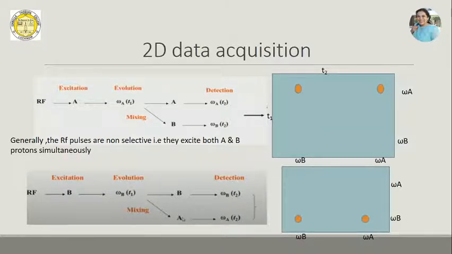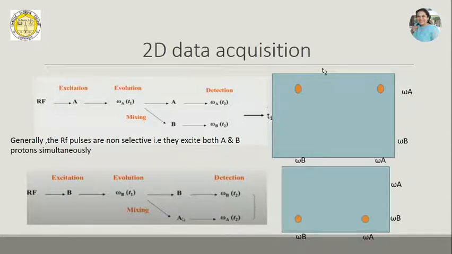Here, as we have all done, the first step is preparation. So the sample is first prepared, and then an RF pulse is applied. So let's consider nucleus 1, or nucleus A. After the RF pulse has been applied, an FID is generated, referred to as evolution, and then there is transfer of polarization.